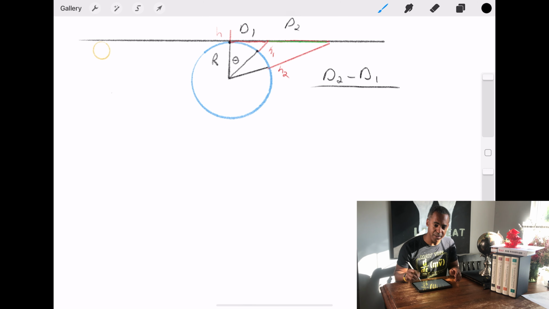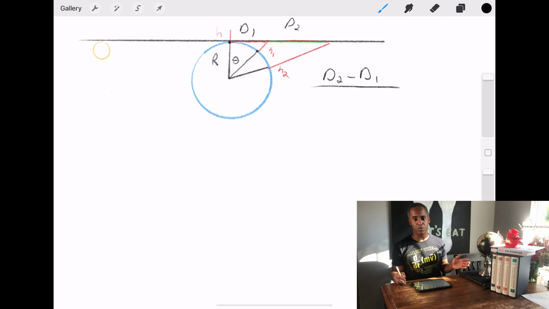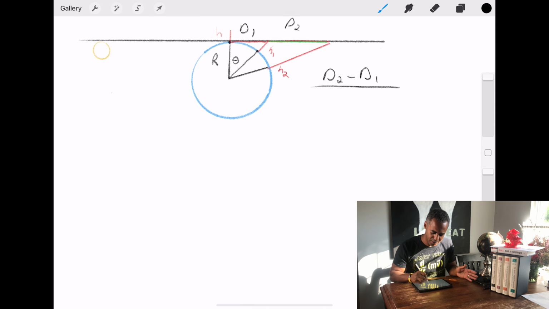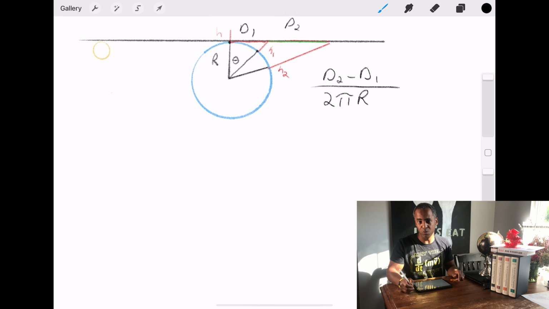And we want to compare that to the full distance for a full revolution around our Earth. So we know that we can calculate the full revolution or the circumference using the formula 2 pi r. Right? So 2 pi r is the formula for getting the circumference of the circle. That would be one full revolution.